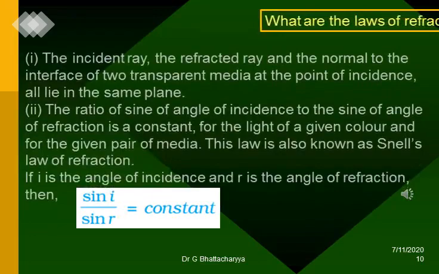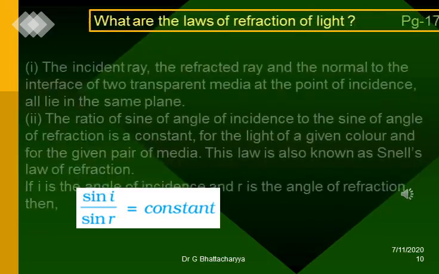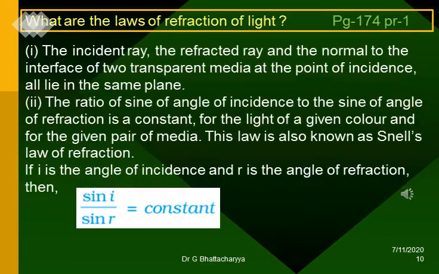What are the laws of refraction of light? The incident ray, the refracted ray, and the normal to the interface of two transparent media at the point of incidence all lie in the same plane. The ratio of sine of angle of incidence to the sine of angle of refraction is a constant, for the light of a given color and for the given pair of media.